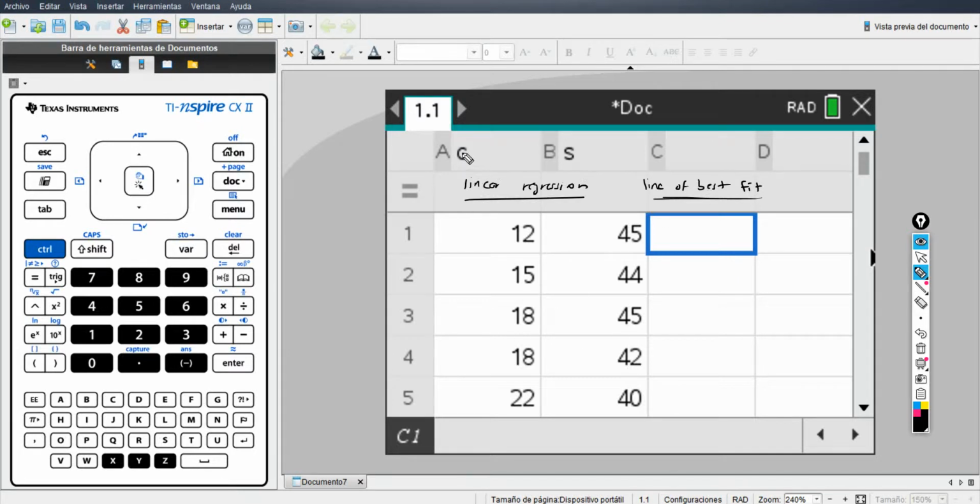In this case, if I consider this my independent variable, the one that goes in the horizontal axis, the line of best fit will give me the predicted number of sold tickets. So that's what I want to do, and that's what linear regression is.